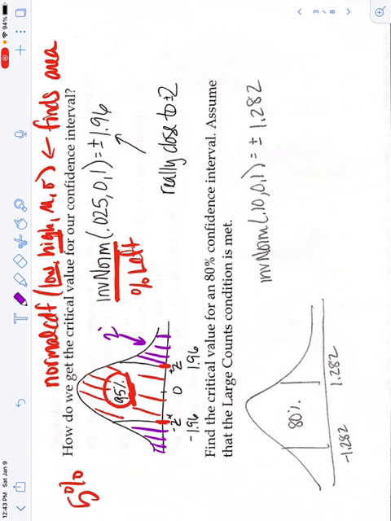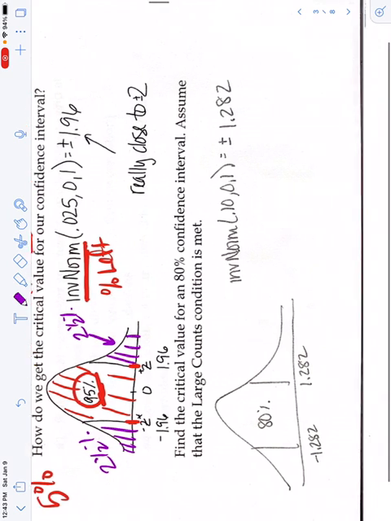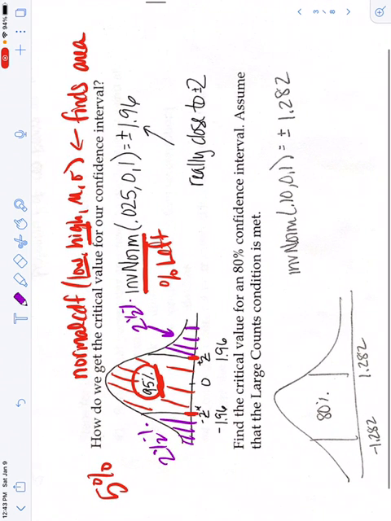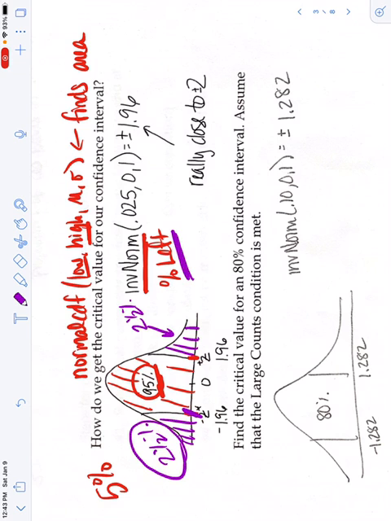So I'm going to have 2.5% in that wing and 2.5% in that wing. So when I do percent to the left, I'm going to do this guy over here. So I have 0.025. And then for Z's, remember your mean is always 0 and your standard deviation is always 1. So this will always be a 0 and this will always be a 1.